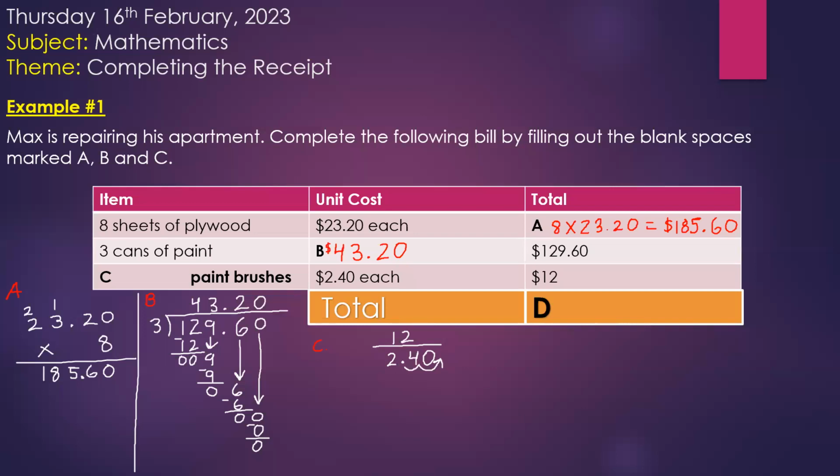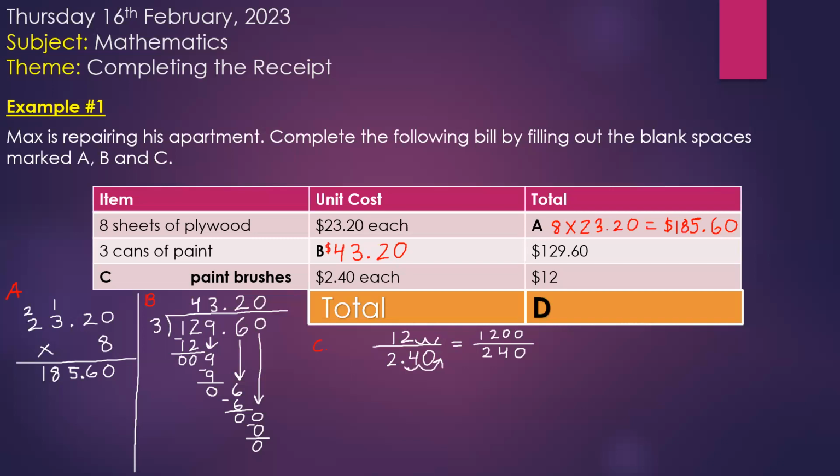Whatever we do to the bottom, we have to do to the top, so we move this twice too. So now we have 1200 divided by 240.